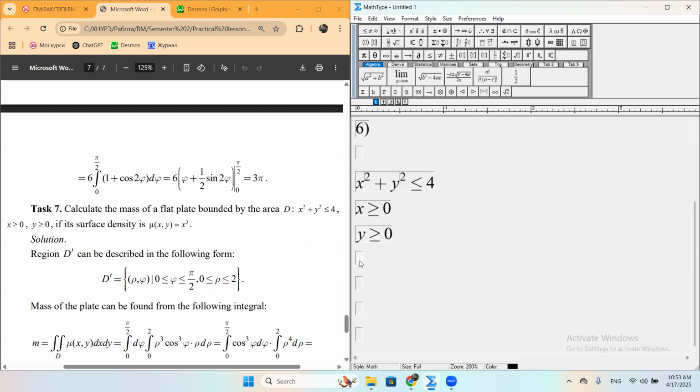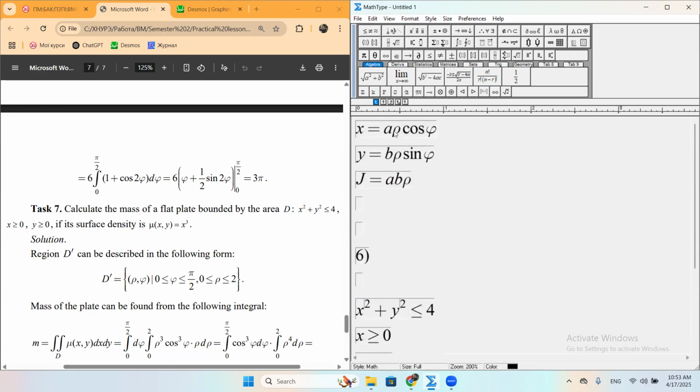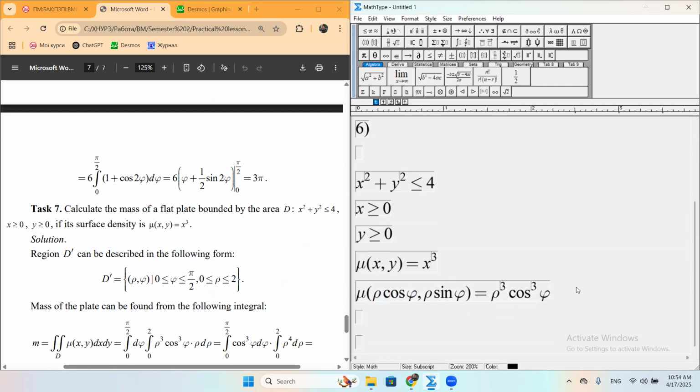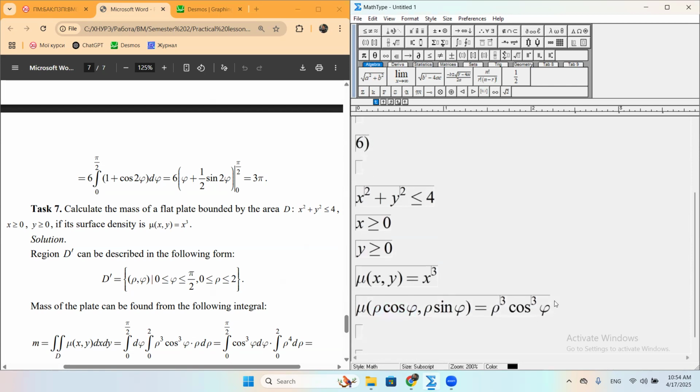And the surface density is the following: x cubed, and mu from rho cosine phi and rho sine phi will be equal to rho cubed times cosine cubed of phi.